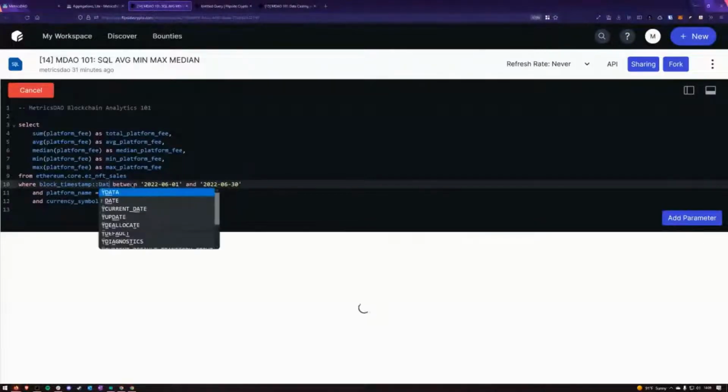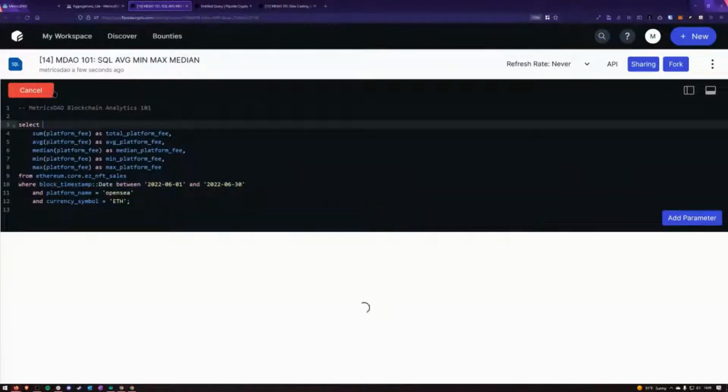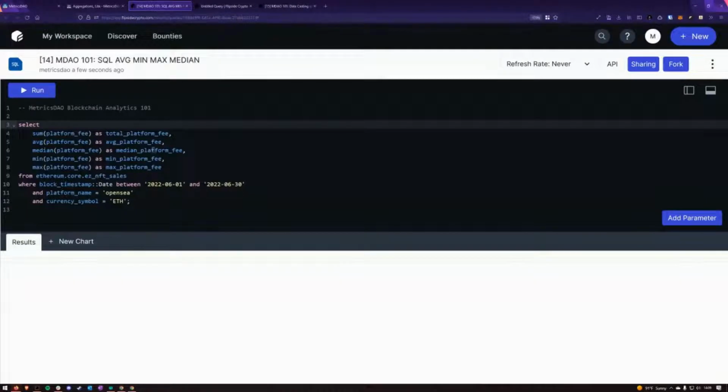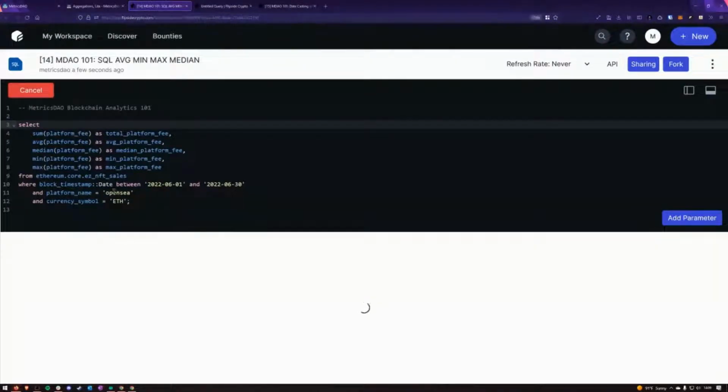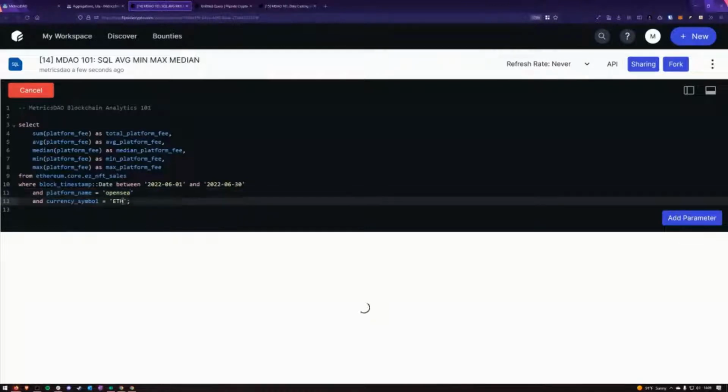Let's cast that to a date so it's a little more inclusive of that last day in June. Platform equals OpenSea, and as a reminder, we are looking at only where currency equals Ethereum, because a bunch of other non-Ethereum tokens were skewing the absolute number, which is the platform fee, and that was giving us an odd metric.